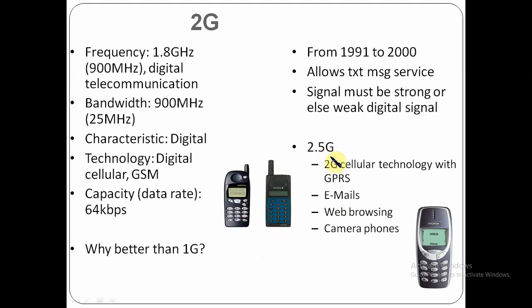After 2G, we go toward 2.5G. The 2.5G technology is an intermediate wireless generation between 2G and 3G technology. The packet switching domain was added, which enabled sending requests to the network in the form of small packets. 2G cellular technology with GPRS brought emails, web browsing, and some camera phones in 2.5G technology.